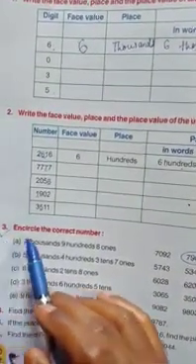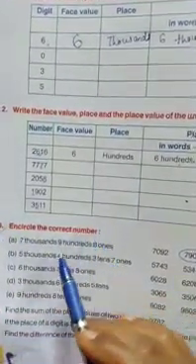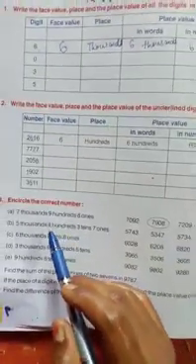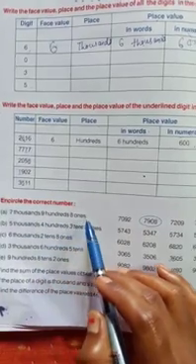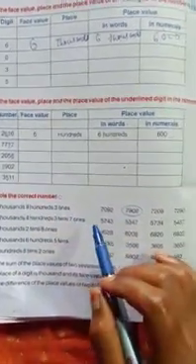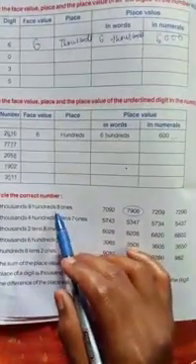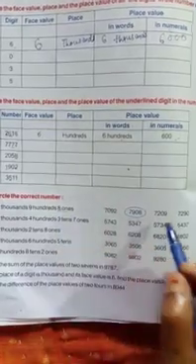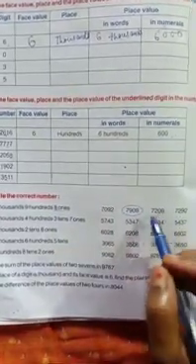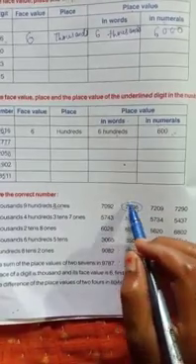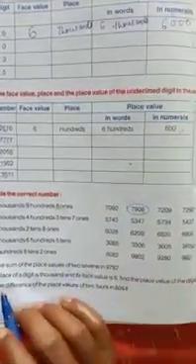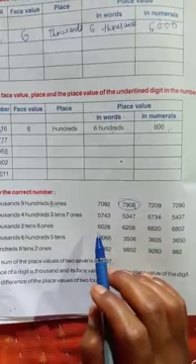Question number 3. Encircle the correct number. Here you see 7,908 and 8 ones. 8 is in the ones place, so you circle this number.